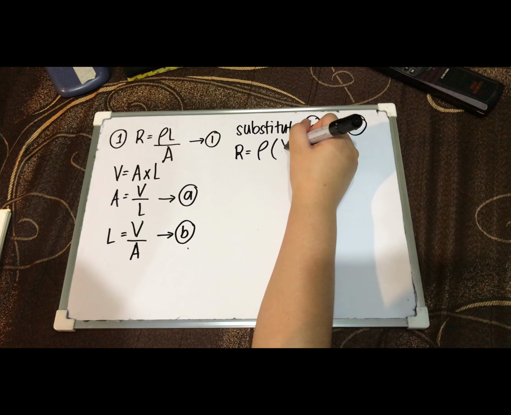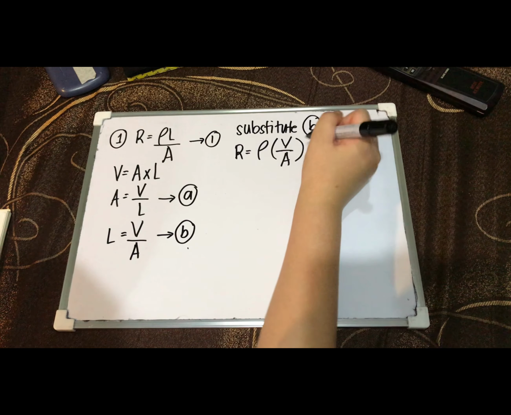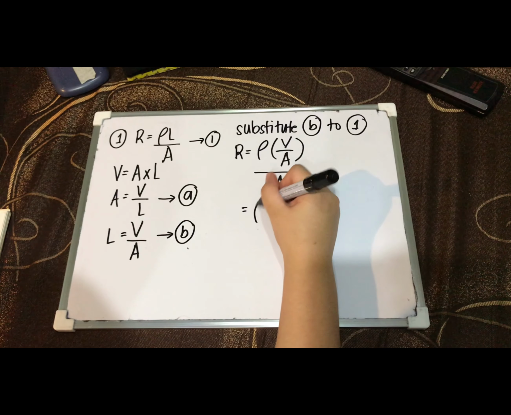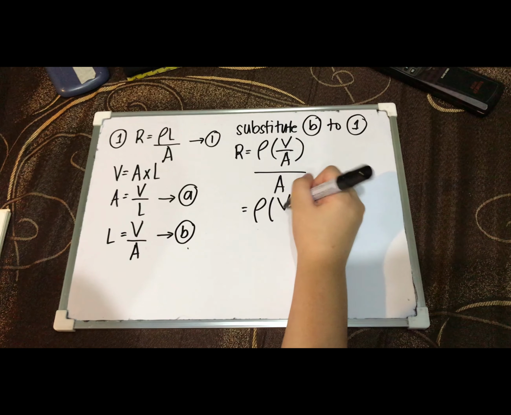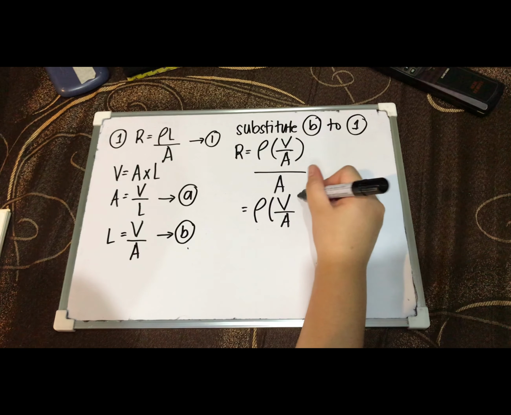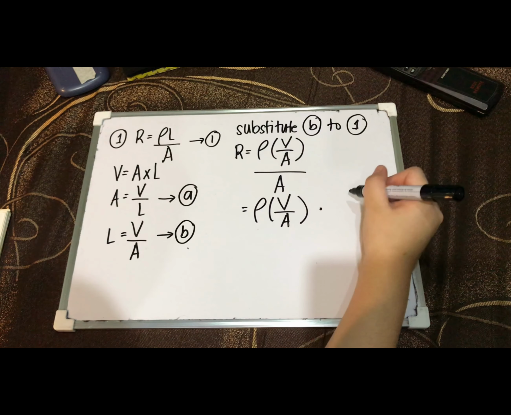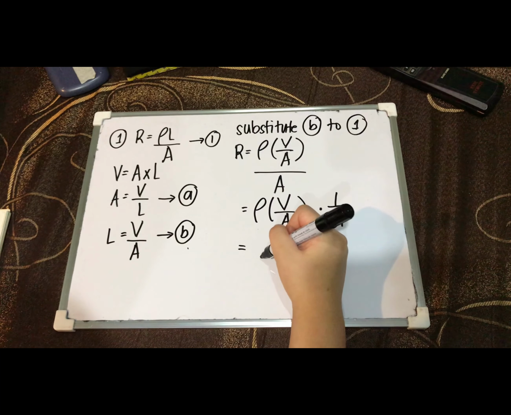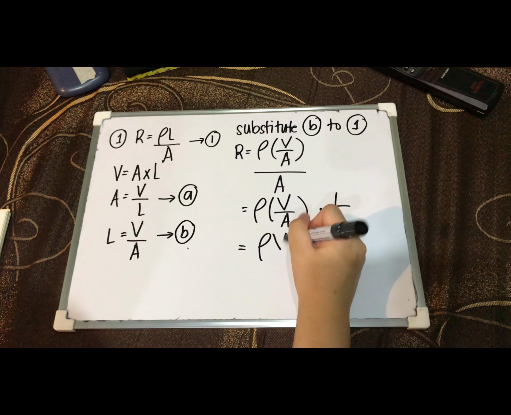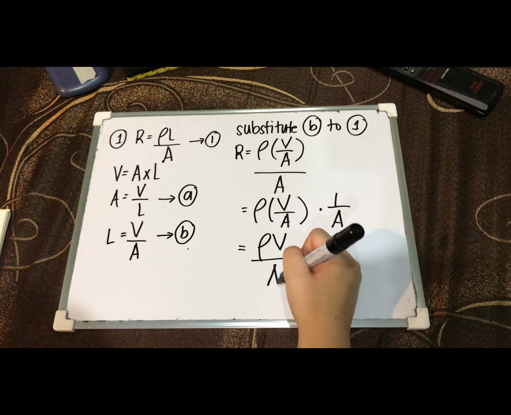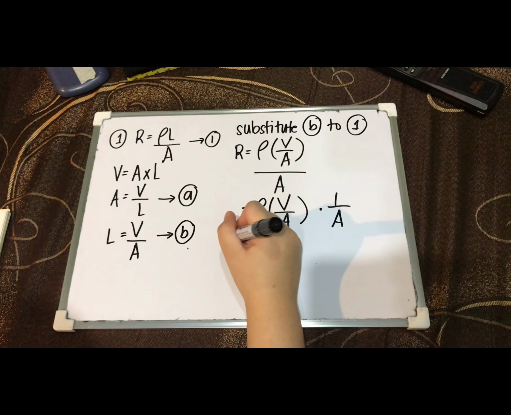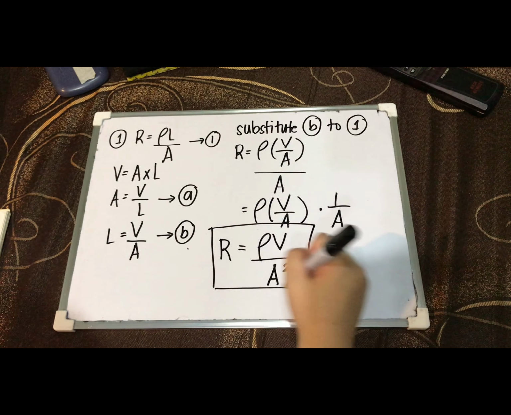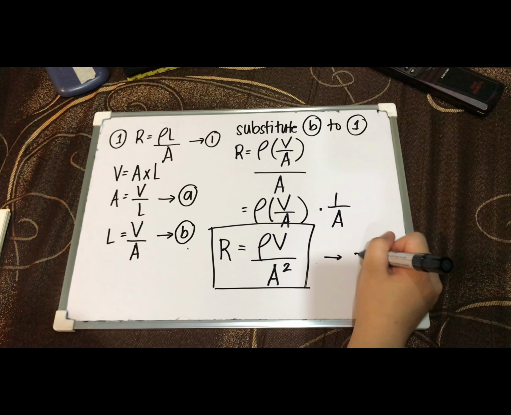Multiply natin siya sa V over A over A, or also specific resistance times V over A. Multiply natin siya sa reciprocal nito, 1 over A. Magkakaroon tayo ngayon ng specific resistance times volume over A squared. Ito ang third formula ng ating resistance.